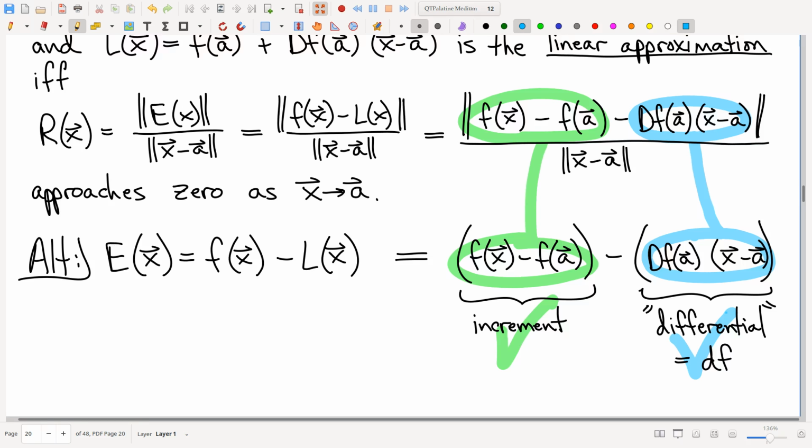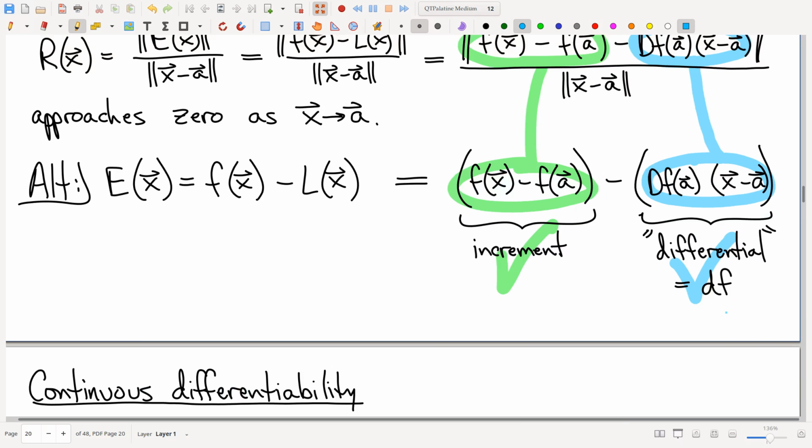A differential, and I hope you all remember this from Calc 1 or 2, single variable calculus, just means a linear estimate of how much something changed. So the increment is the actual change. The differential is our linear estimate of change. So important terminology, increment and differential, and we will pick up there next time.